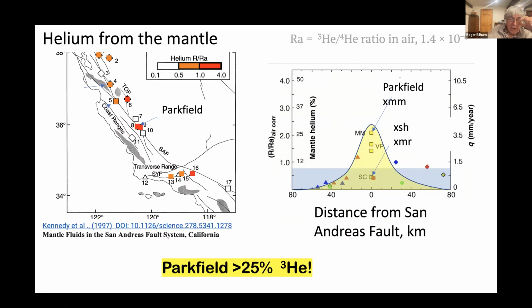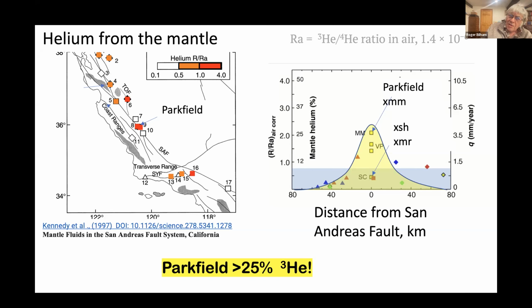If you look at the ratio of helium-3 and helium-4 coming out of boreholes, Kennedy and others have found that there's a marked concentration of these gases coming out close to the fault, and it tails off with distance from the fault.